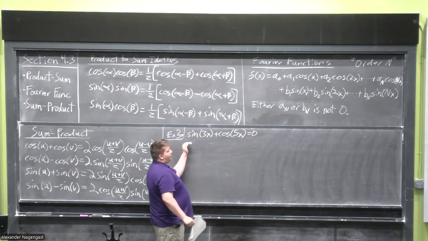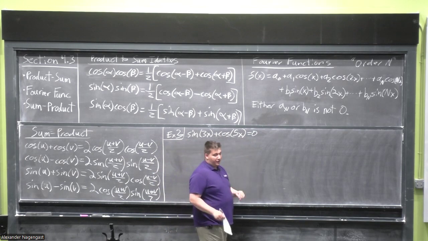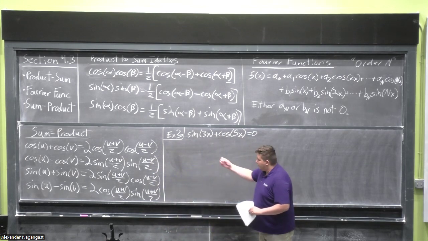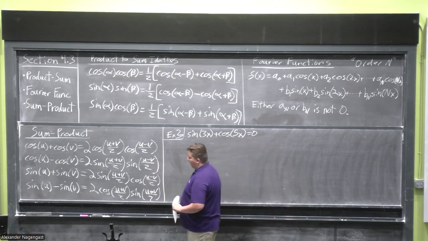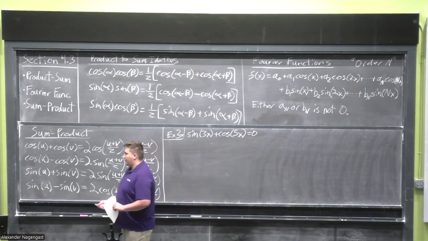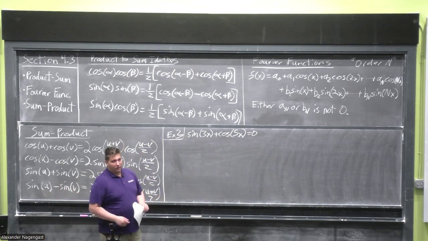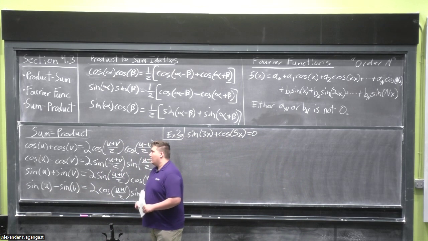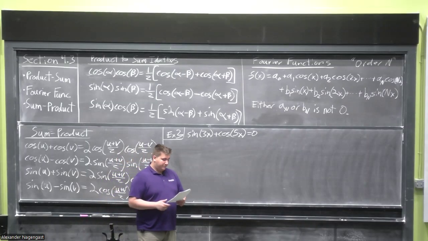So again, we want to find this Fourier function. We want to find where it's equal to 0. We'll look to sum to product, and we'll notice that we don't have a combination of sine plus or minus cosine or cosine plus or minus sine. Well, that's because we would be redundant because we can transform one into the other.